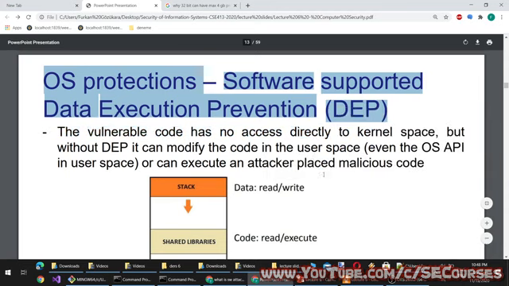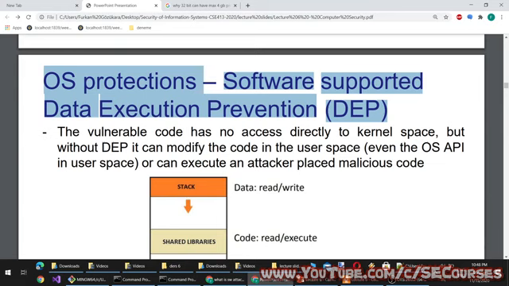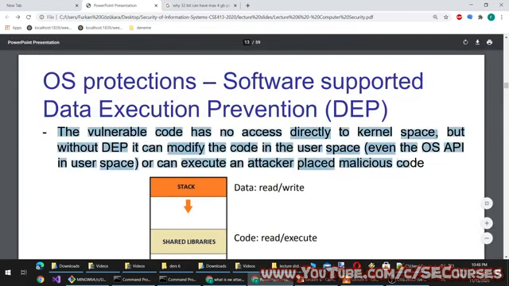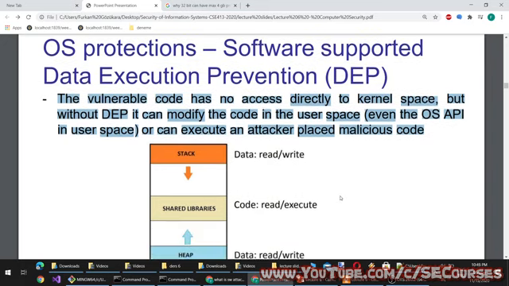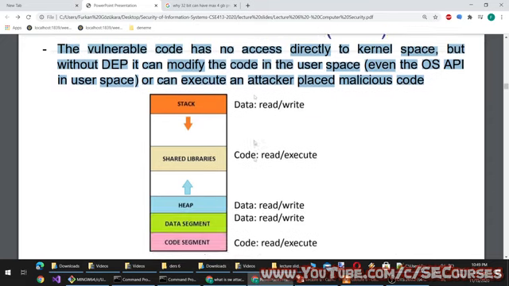OS protections, software supported data execution prevention, DEP. The vulnerable code has no direct access to kernel space, but without DEP it can modify the code in the user space, even the OS API in user space, or can execute attacker-placed malicious code.